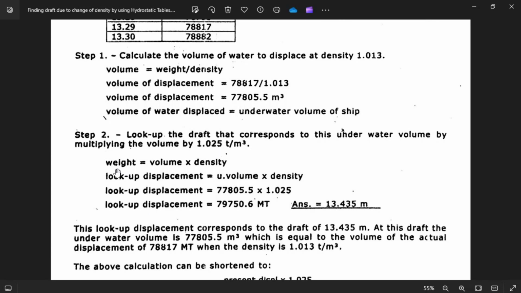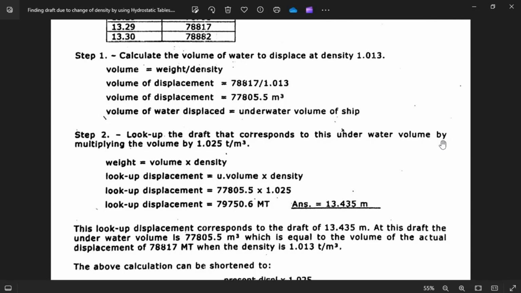Weight. The problem here is weight equals volume times density. So look up displacement equals volume times density to find the weight. So you have here the volume, which we have in step number 1 of 77805.5, times density of 1.025.